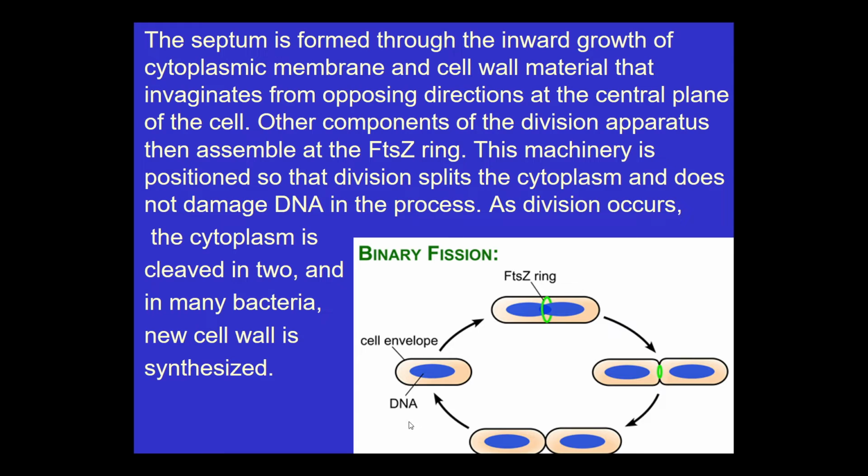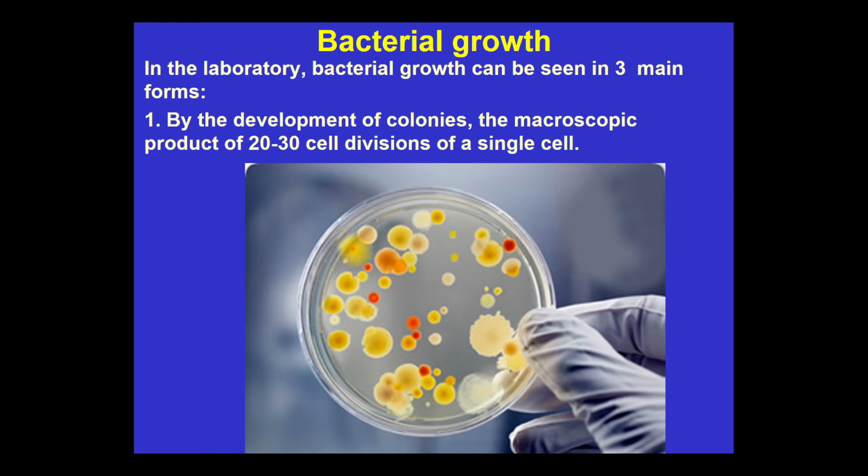As division occurs, the cytoplasm is cleaved into two, and in many bacteria, the new cell wall is synthesized at the place where the mesosome occurs, because that is important. So now we know how bacteria divide, and we may look at bacterial population growth.